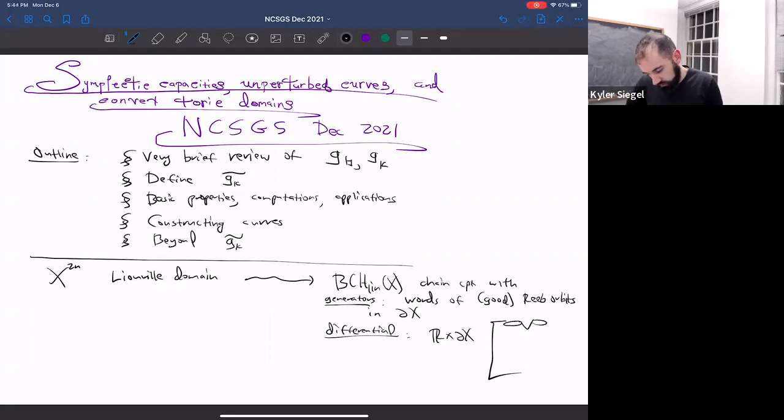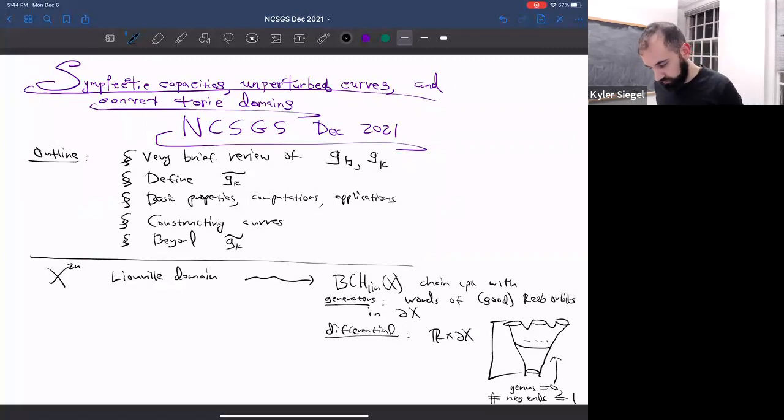So these are asymptotically cylindrical curves a la SFT in the symplectization, which have genus 0 and 1 negative end. And you could try to look at some chain complex that involves more general curves, but what's important about these curves is that these are exactly the ones which are expected to be dimensionally stable.